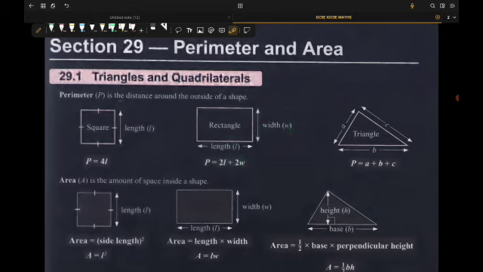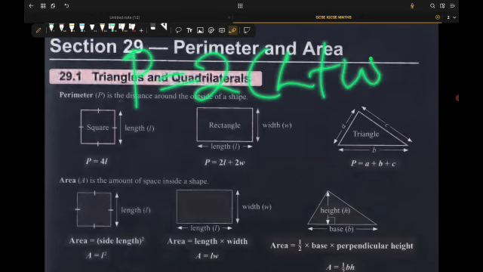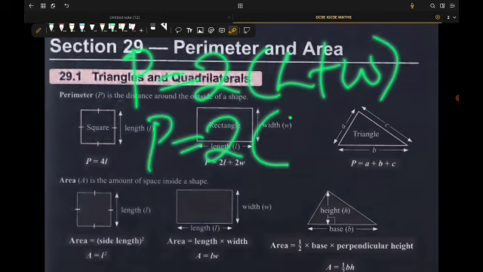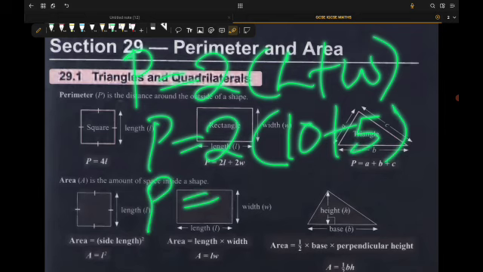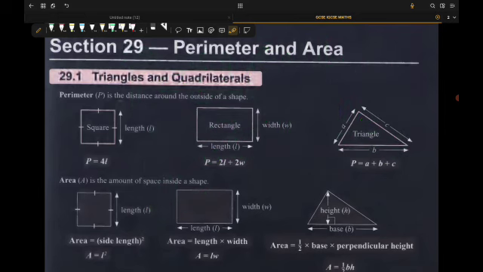So perimeter is equal to 2 into bracket of 10 plus 5, which is 2 times 15. Anyway, I'm using a disappearing pen. We'll still solve questions later. So that's just for example.